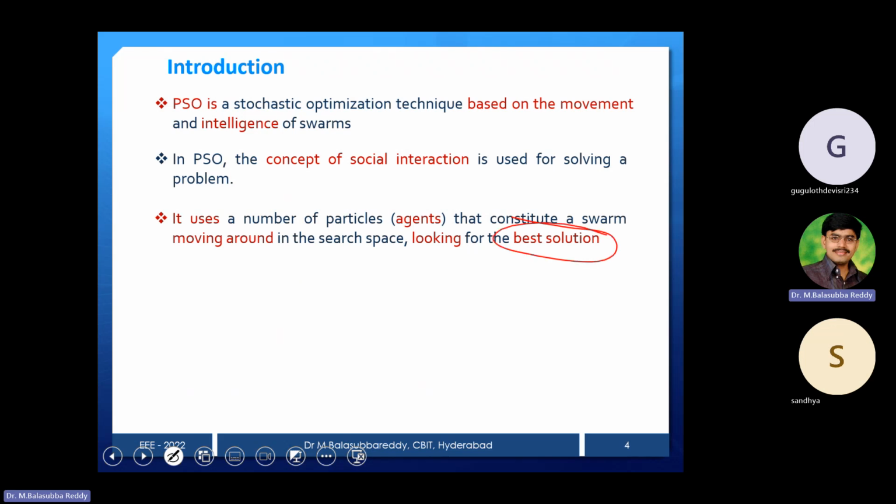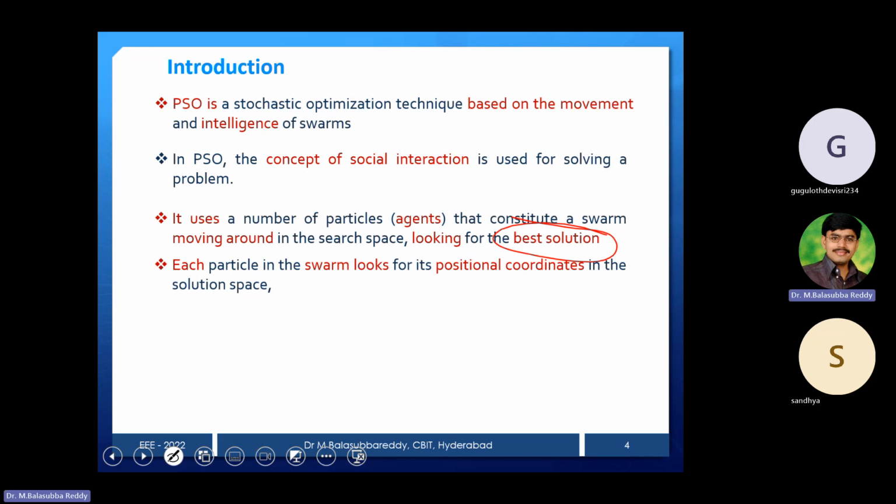What will the agents do? Again, this concept is common for all types of algorithms. The agents, or group of people, are all working in parallel and exchanging their information. Based on that information, they do their job, and finally they have to find the best solution.